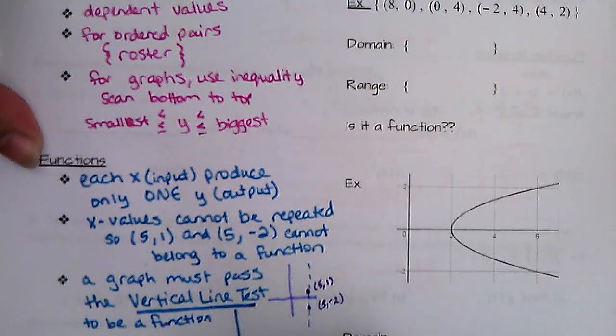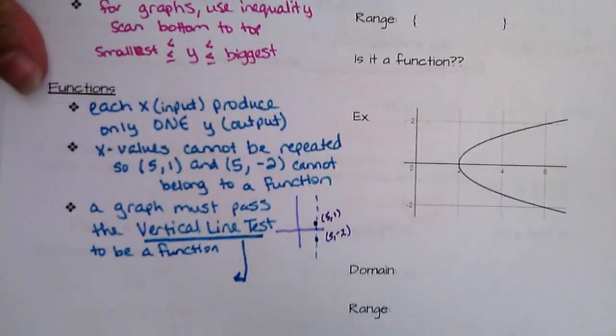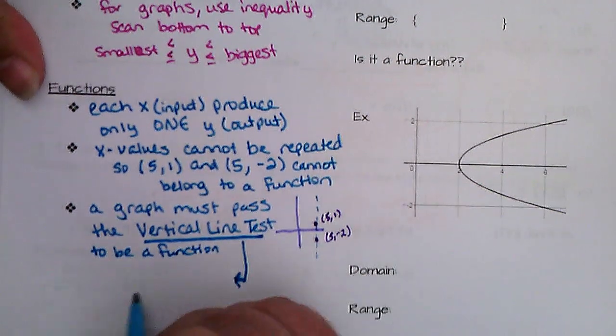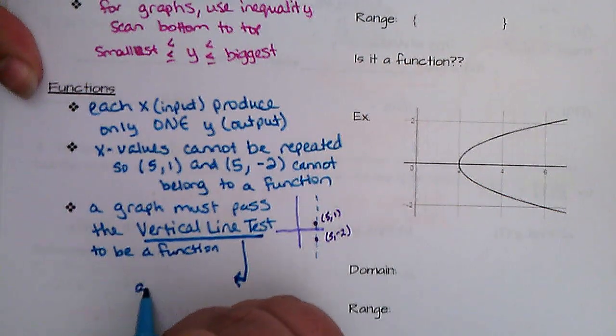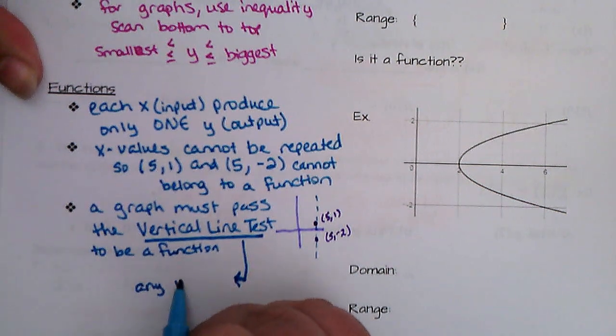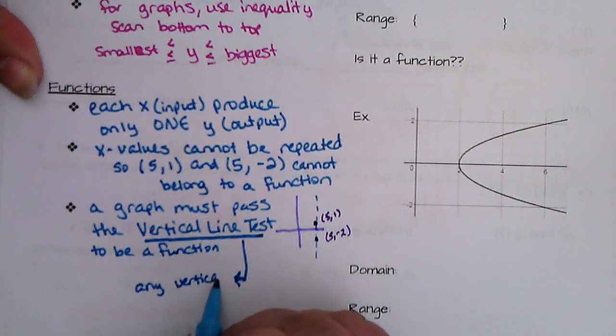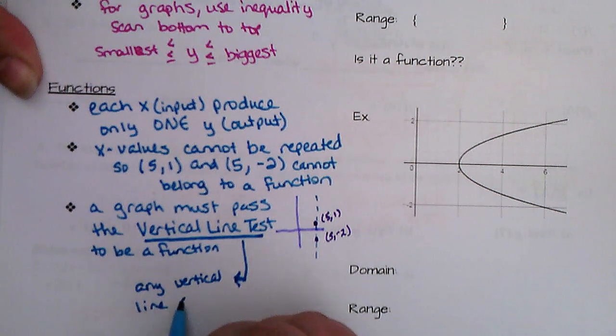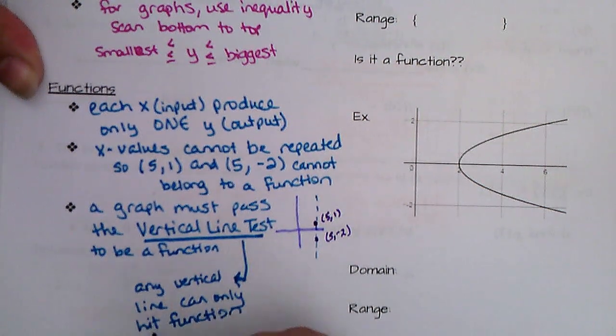Okay, and the vertical line test says any vertical line can only hit the function that's graphed one time.